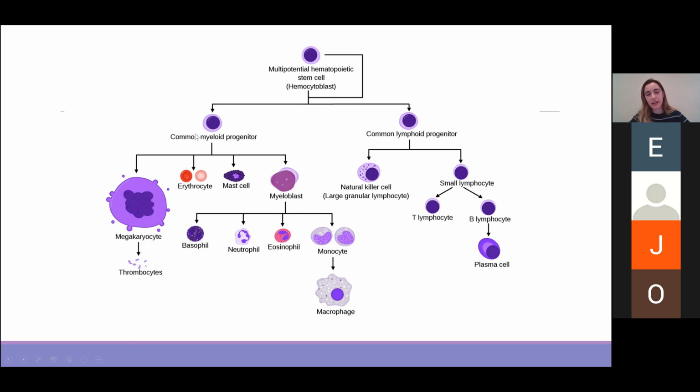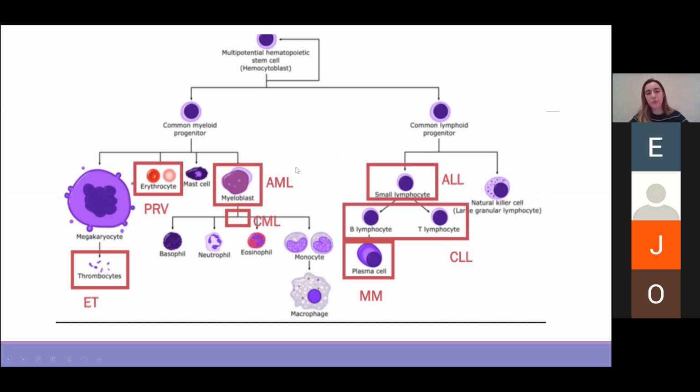So here's again a little reminder of all of the lineages, and this is really helpful, I find, when it actually tells you which cells are implicated in which type of leukemia. So as I was saying, your immature ones, and if they're myeloid, then it's going to be acute myeloid leukemia.